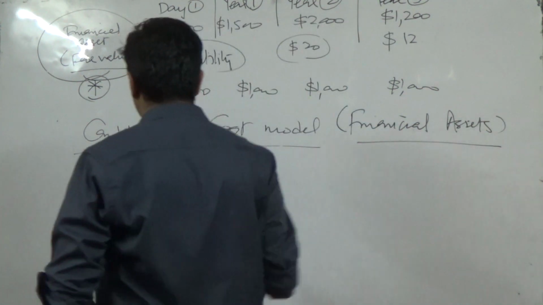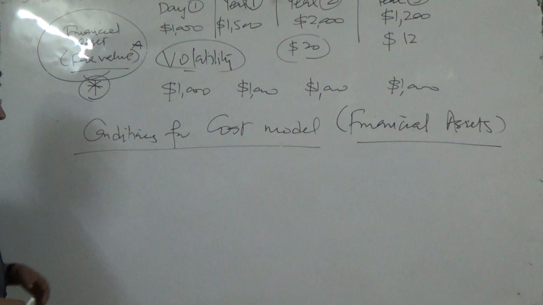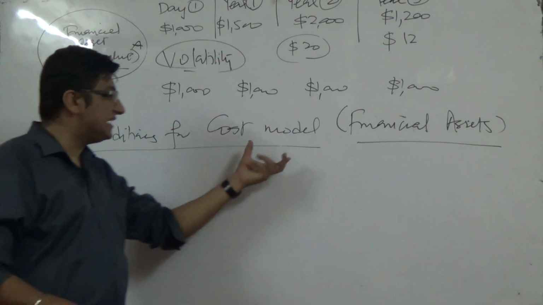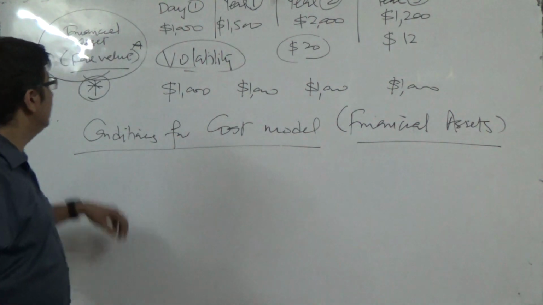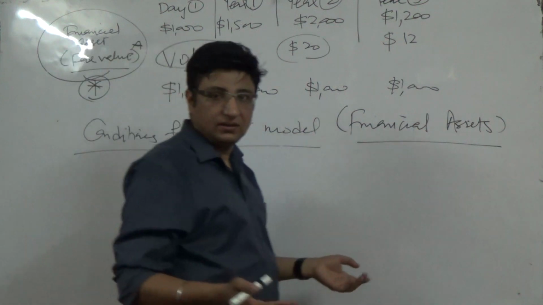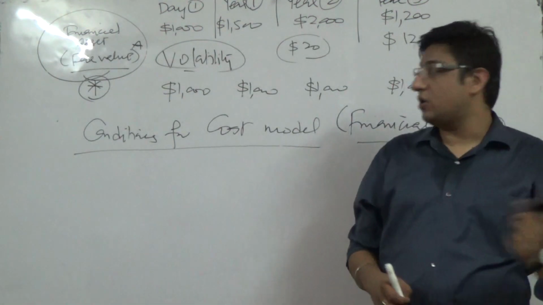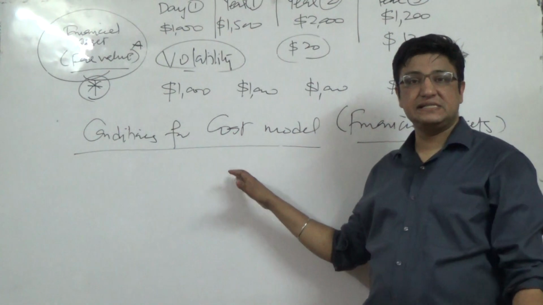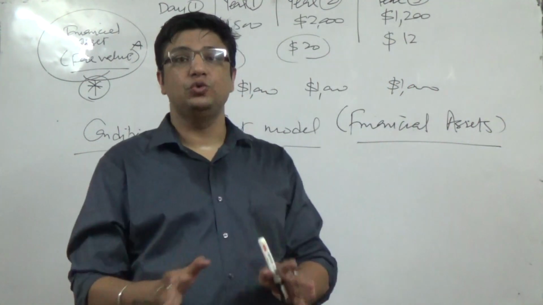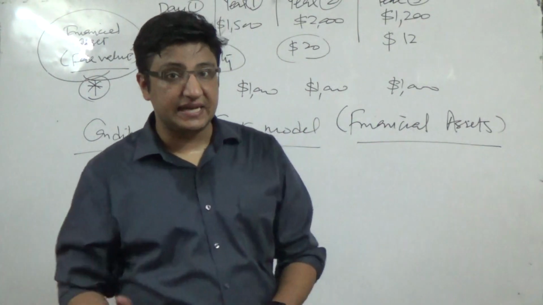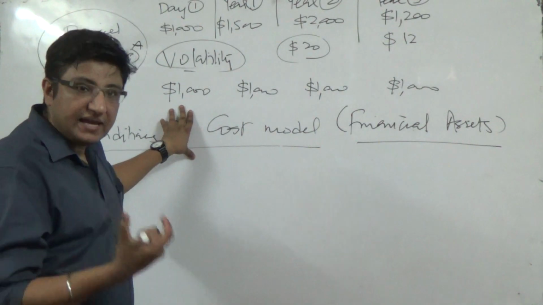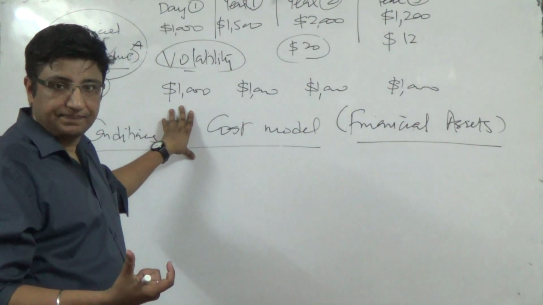That is something which is a key attribute, that if you want to use the cost model, you must meet some conditions. Otherwise, the default category is fair value. You are not allowed to use the cost model if the conditions related to that are not duly met. So let's try to understand what these conditions are and even try to understand why these conditions are imposed. Are you fine with that?